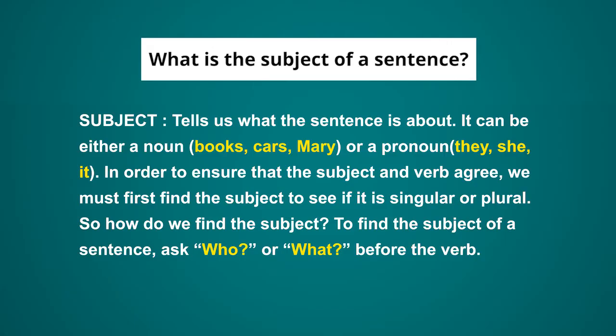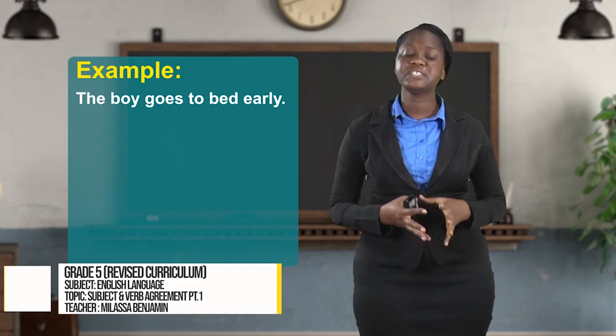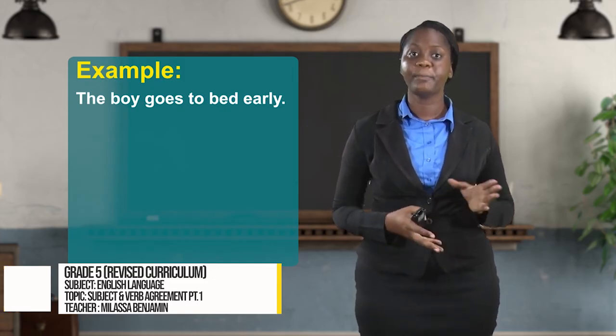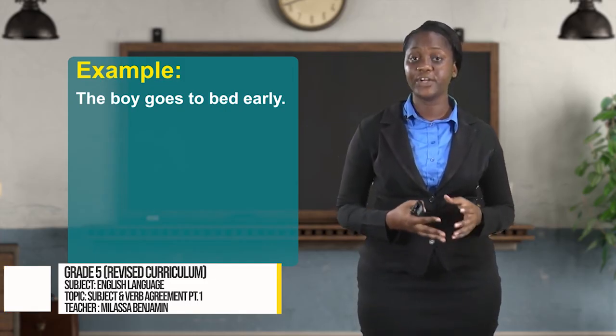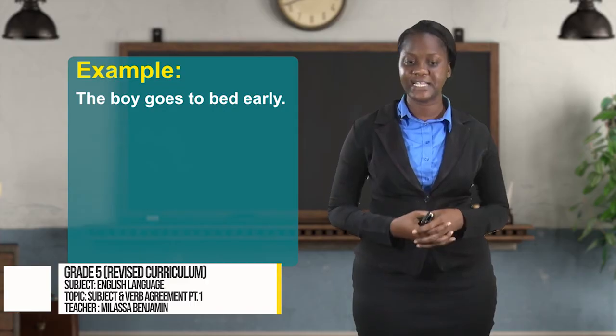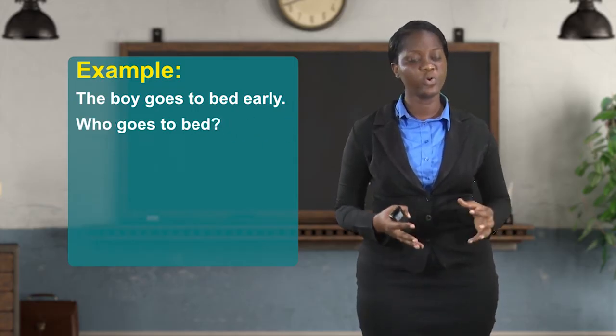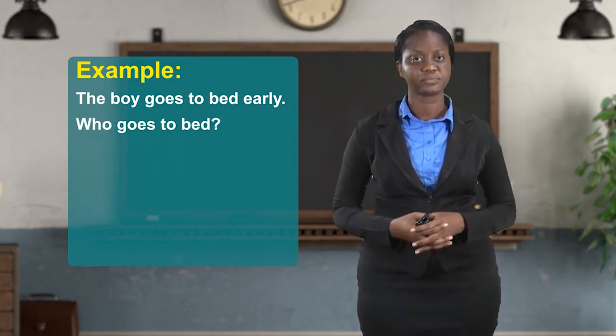To find the subject of a sentence, you must ask who or what before the verb. For example, if our sentence is, the boy goes to bed early, and we would like to find the subject of that sentence, we can ask ourselves, who goes to bed early?